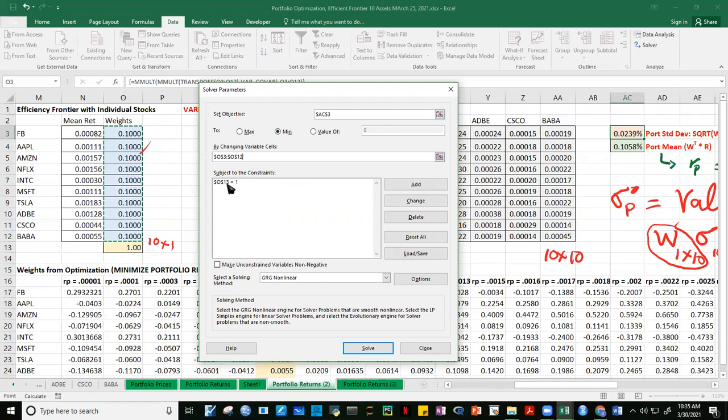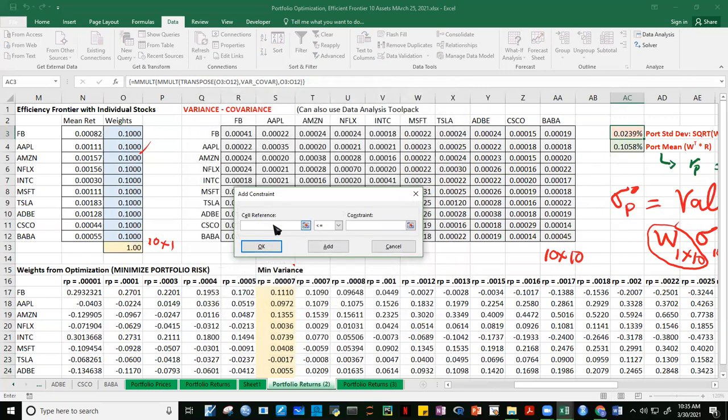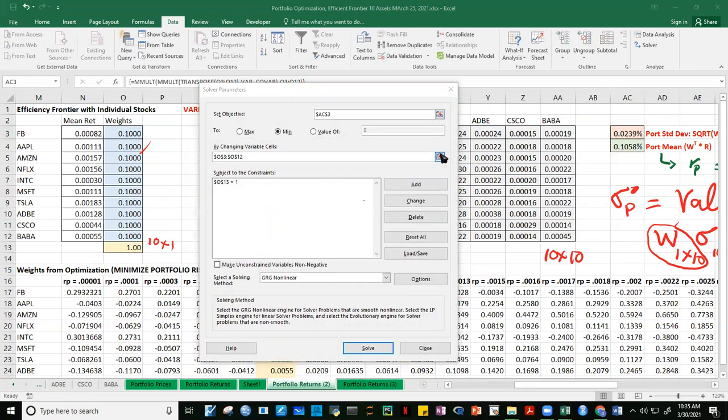Let me delete this first, then go to add. This O13 should be equal to 1, because when the weights add up, they should total 1.